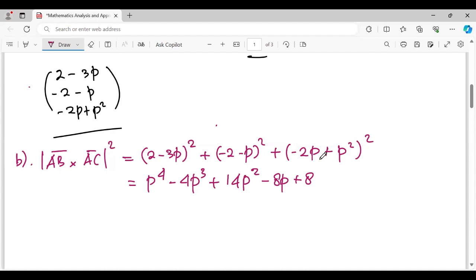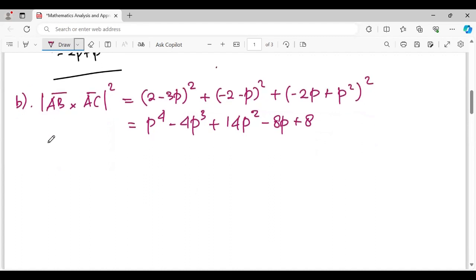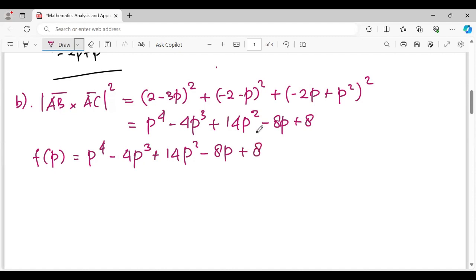Now we're going to find the strategy to find the smallest value, with the assumption that this is a function f(p) equals p to the power 4 minus 4p cubed plus 14p squared minus 8p plus 8.